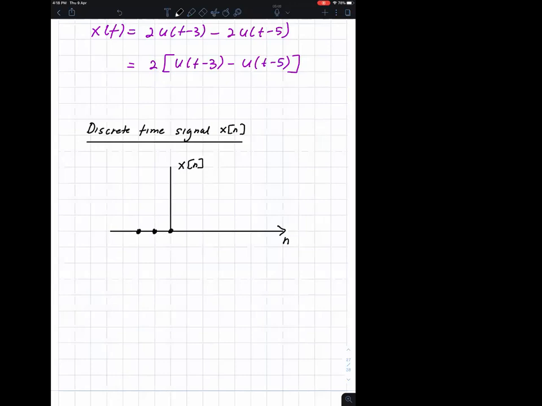Signal at -2 is 0. Signal at -1 is 0. Signal at 0 is also 0. Signal at 1 is 1. Signal level at 2 is 2.